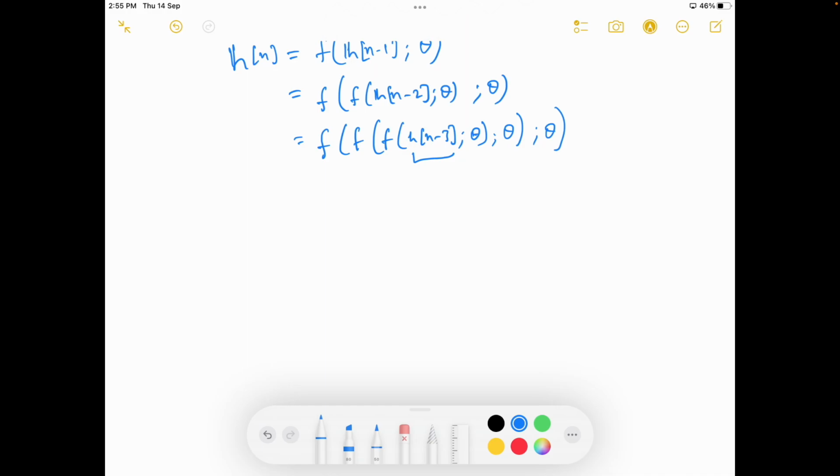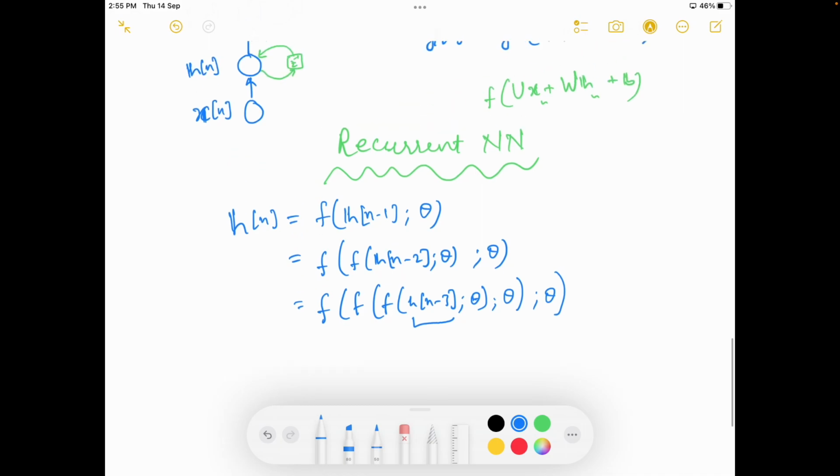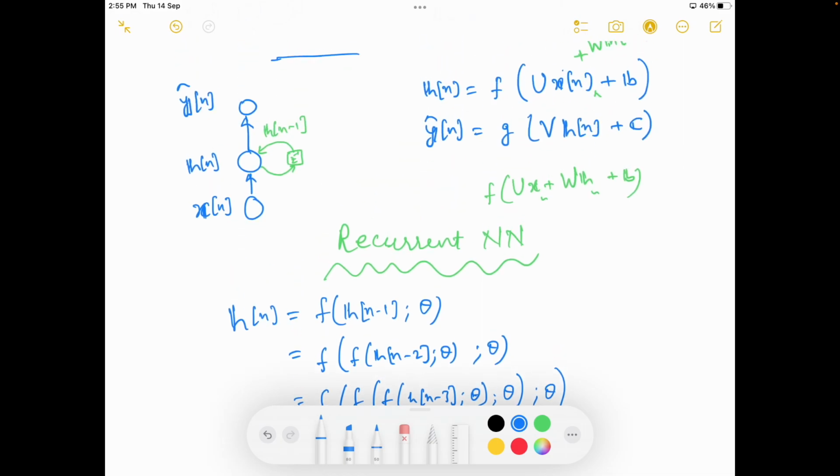Why am I doing this exercise? In order to train this network, I need to find the derivative of h of n with respect to theta. To do gradient descent, I need the gradient of h with respect to theta. Because I will have some error function which is a function of y, and to find the gradient of that error function with respect to theta, I need to do dou e upon dou y, then dou y upon dou h, then dou h upon dou theta.